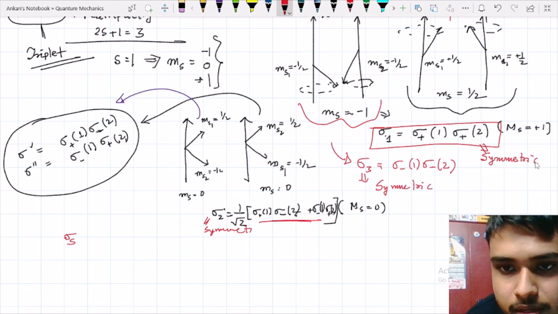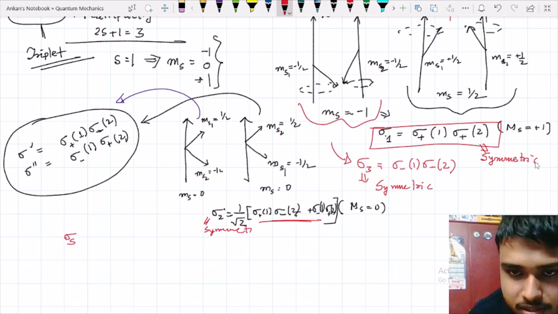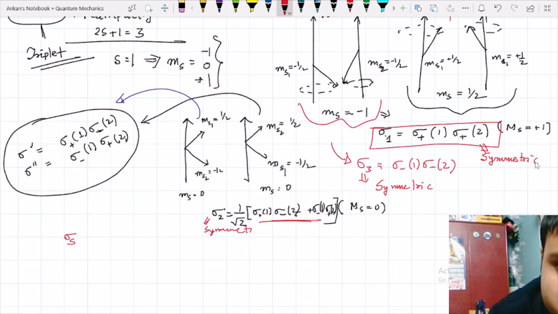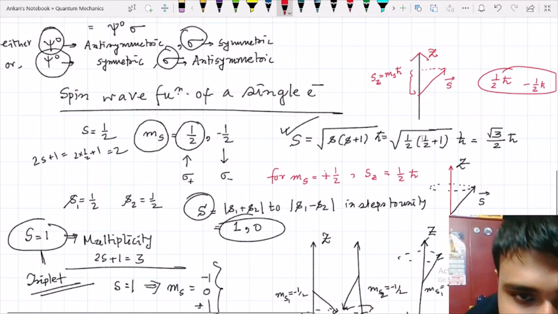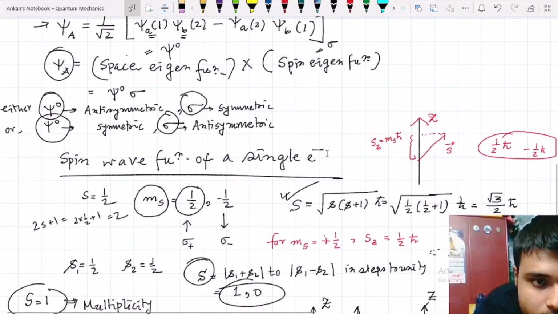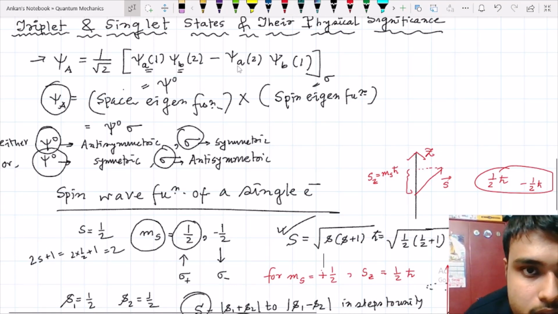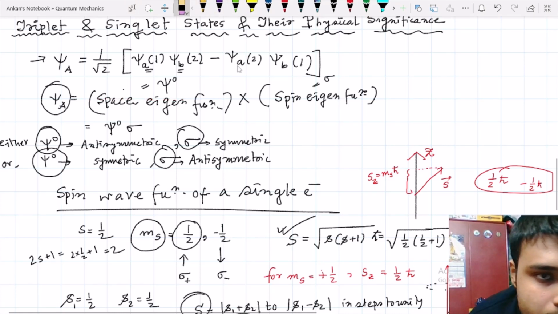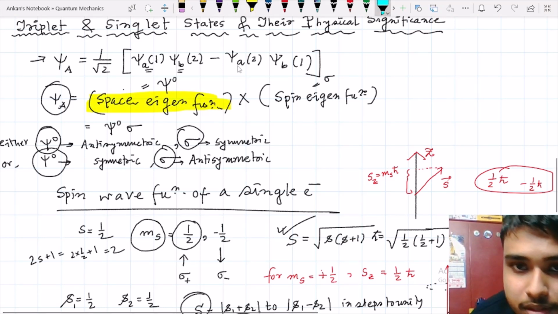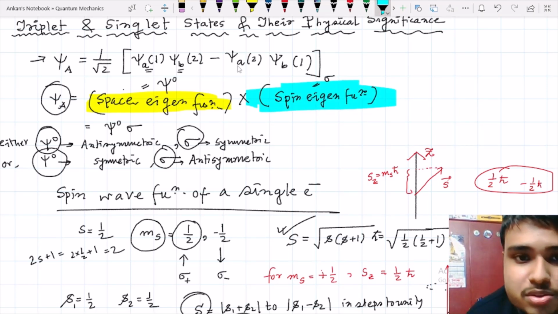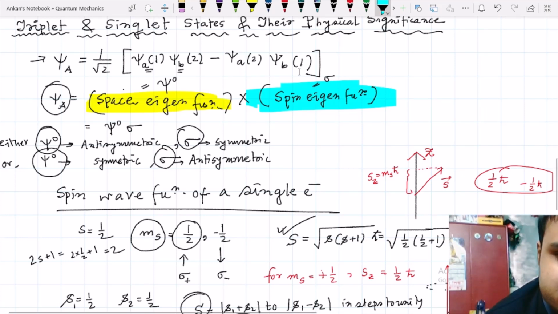Why is this symmetric? Because if we interchange particles 1 and 2, then the total wave function remains unchanged. So to fulfill the condition mentioned above, that the total wave function is antisymmetric, the space part should be antisymmetric, because here all the spin eigenfunctions are symmetric, so the space eigenfunction should be antisymmetric for the case of the triplet state.